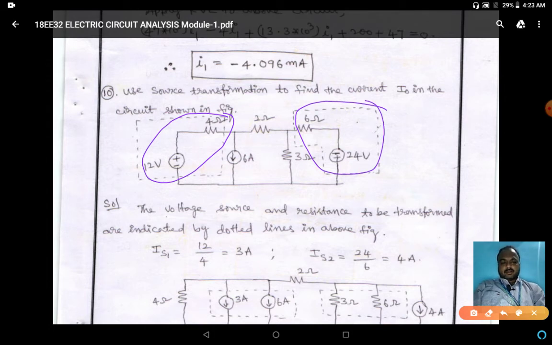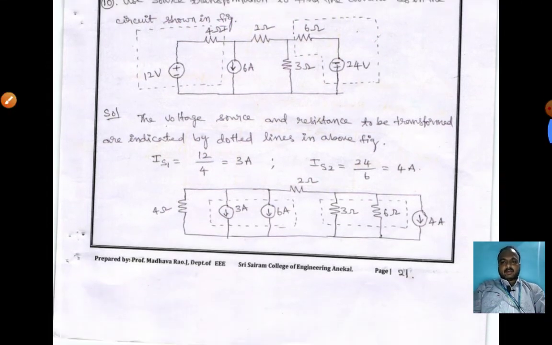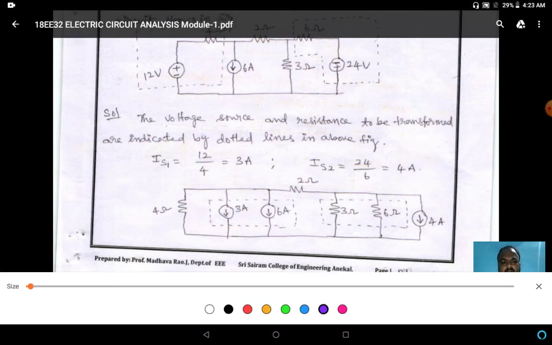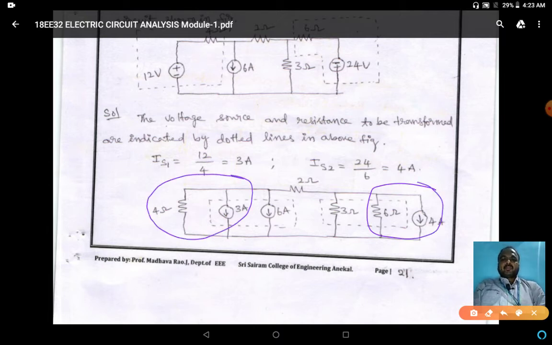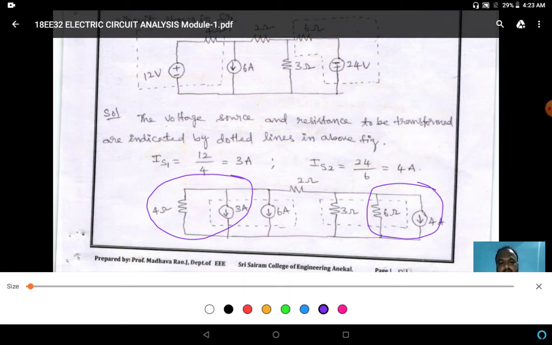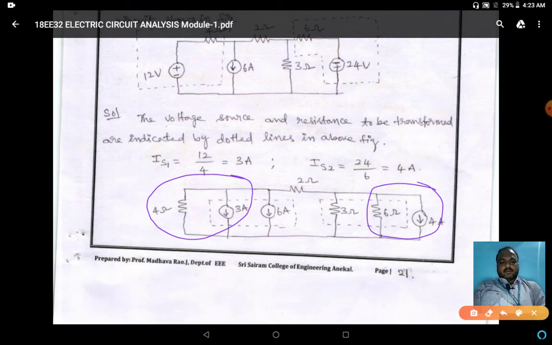After converting the voltage sources into current sources, we get the circuit like this. Now the circuit has parallel resistances: one parallel combination of 3 ohm and 6 ohm, and here also one parallel combination of 3 amperes and 6 amperes.